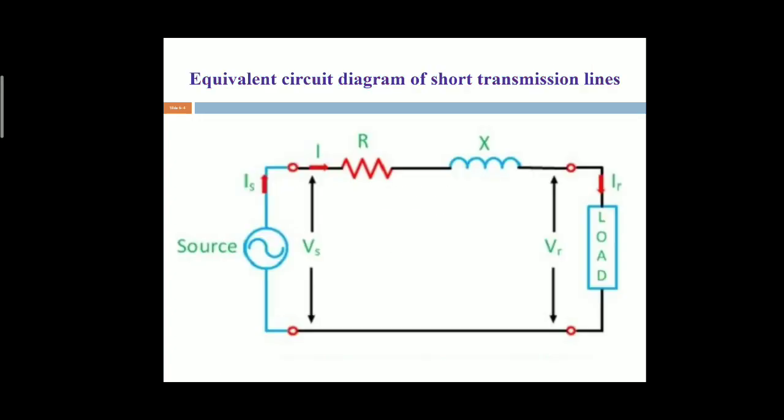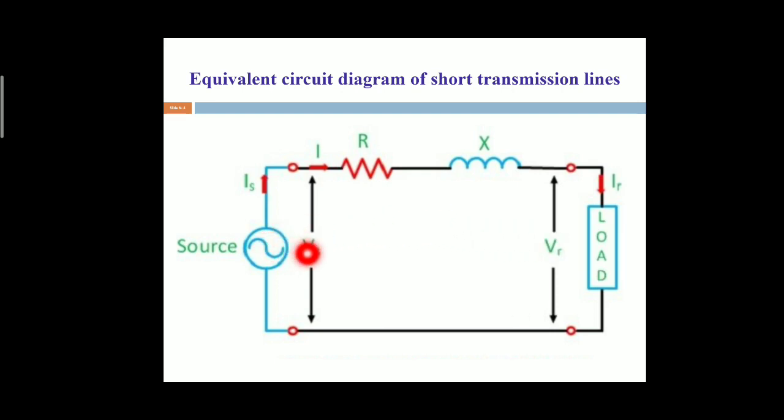From this equivalent circuit, the receiving end voltage VR equals Vs, the sending end voltage, minus I into (R plus jX). Vs is the sending end voltage and VR is the receiving end voltage.